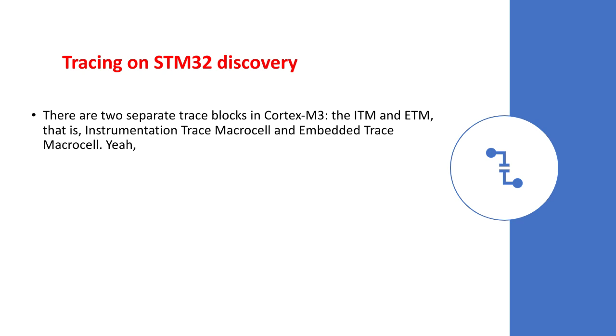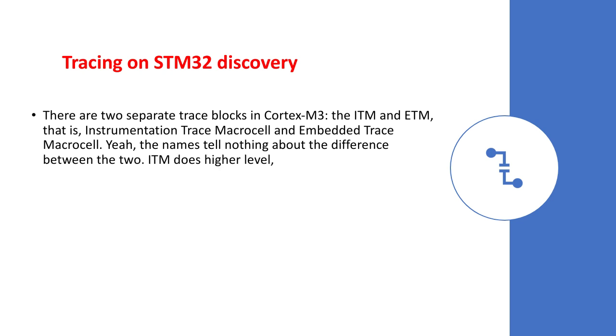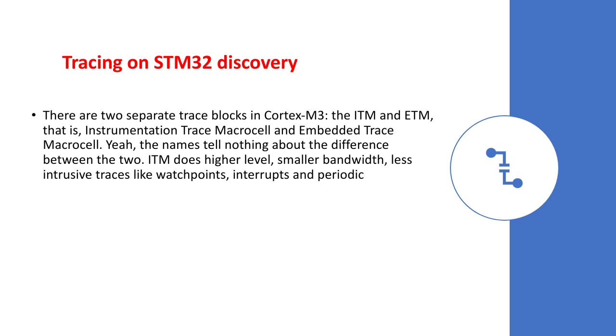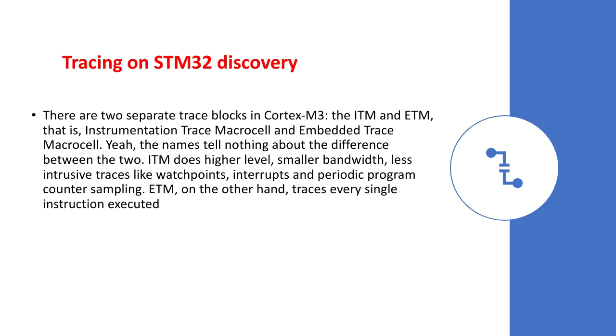ITM does higher level, smaller bandwidth, less intrusive traces like watch points, interrupts, and periodic program counter sampling. ETM, on the other hand, traces every single instruction executed by the CPU. In practice, it is usually necessary to slow down the CPU to use ETM, while ITM can be used without slowing down.